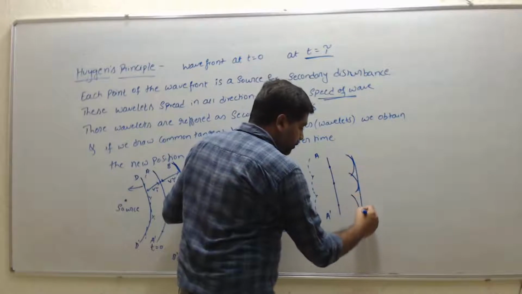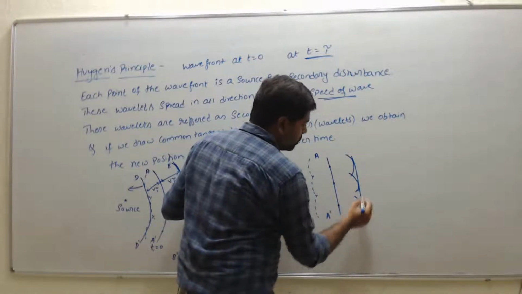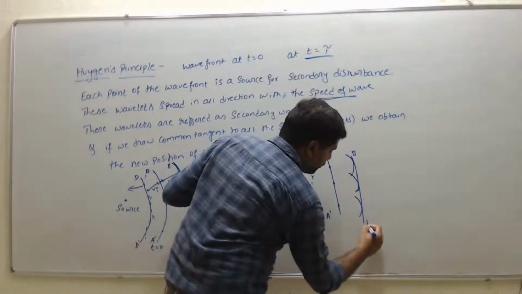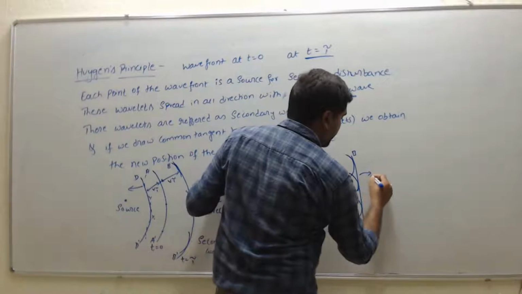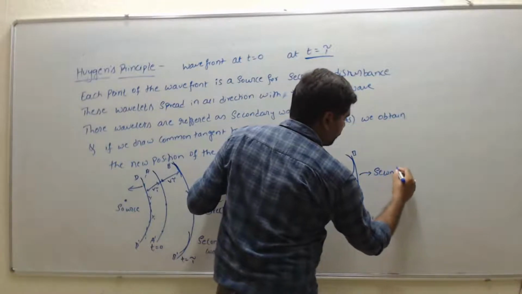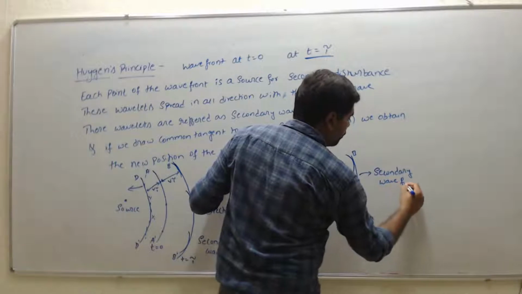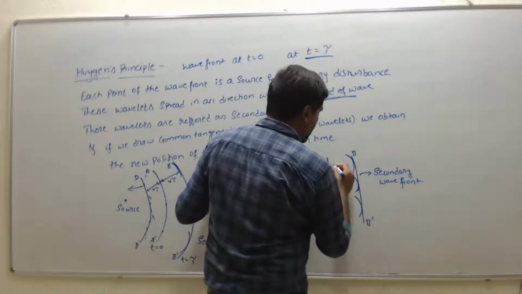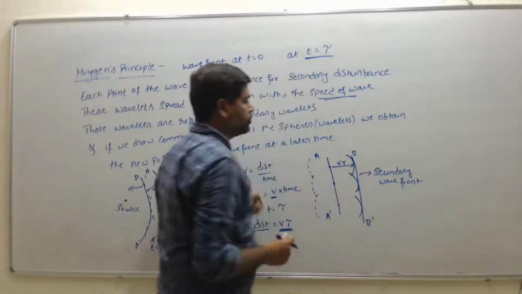Then we get this one, B dash. So B dash is the secondary wavefront, and it is at the distance v into tau.